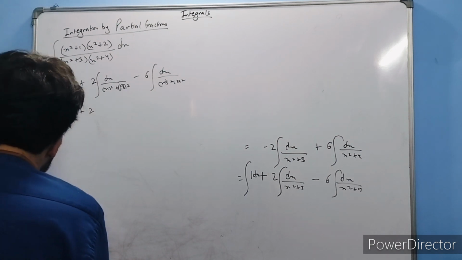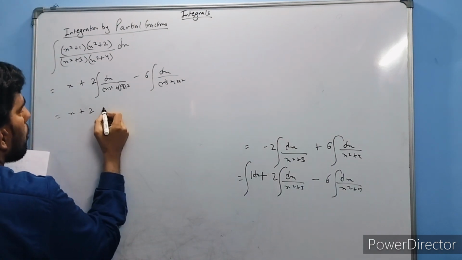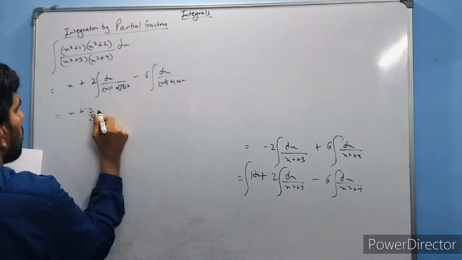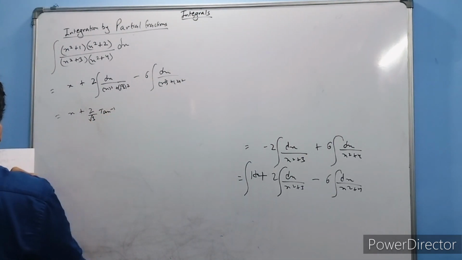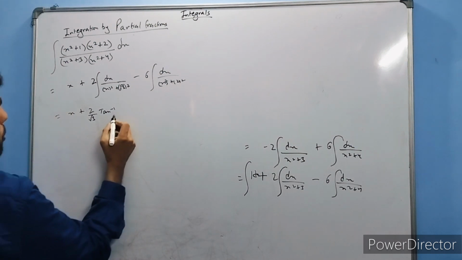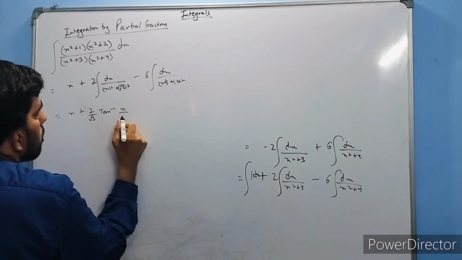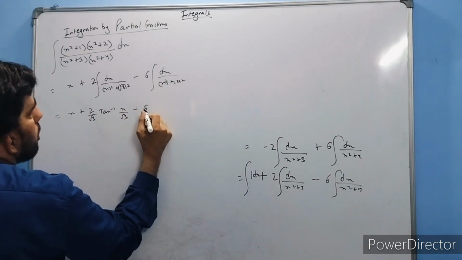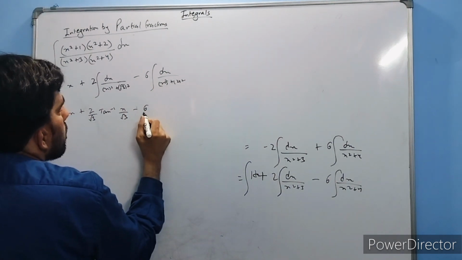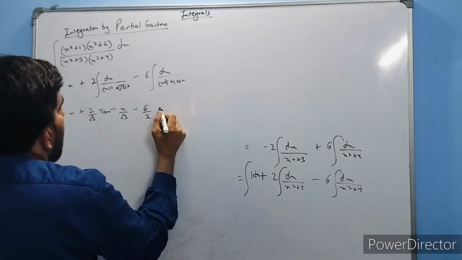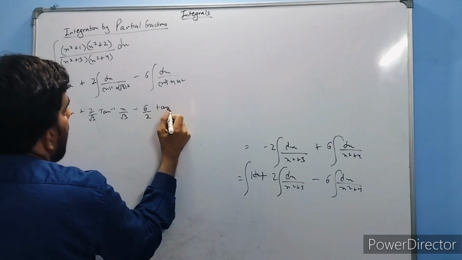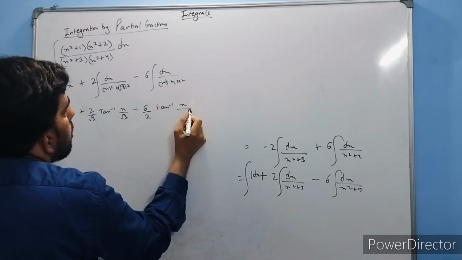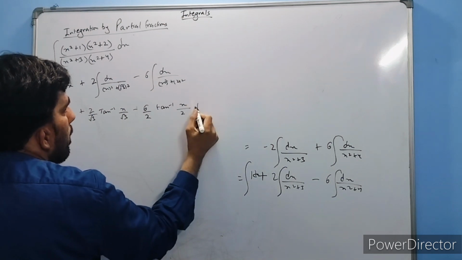So I got 1 upon a tan inverse x upon a, that is root 3 here, minus 6. Now same here, x square plus a square, so a is 2, and we'll write tan inverse x upon 2 plus c.